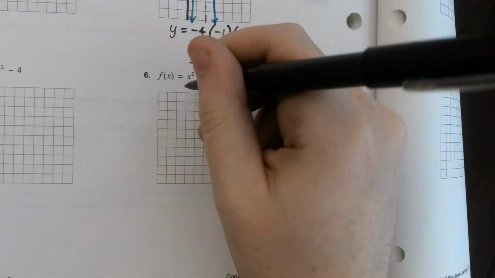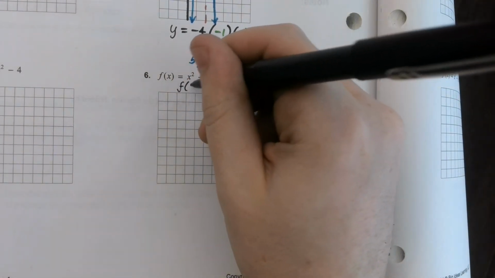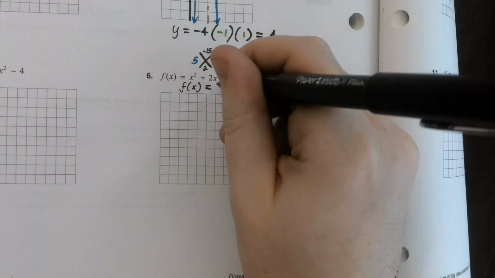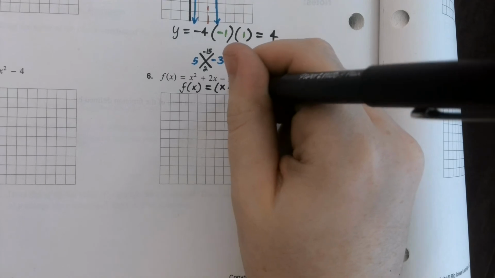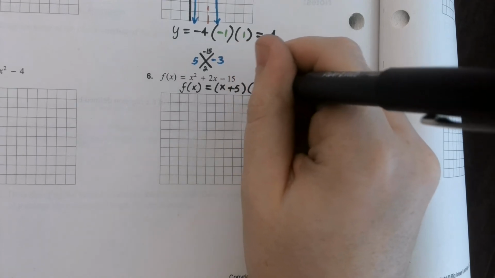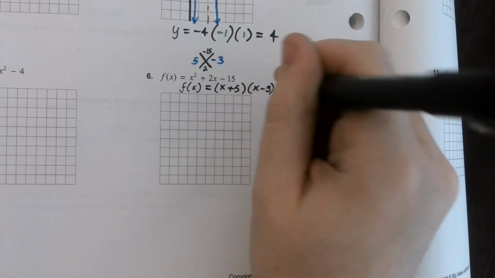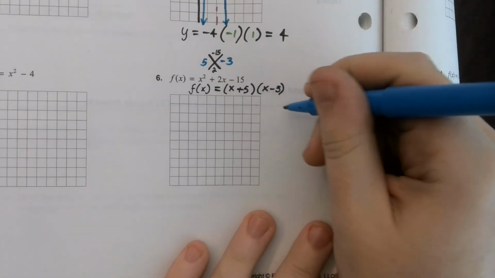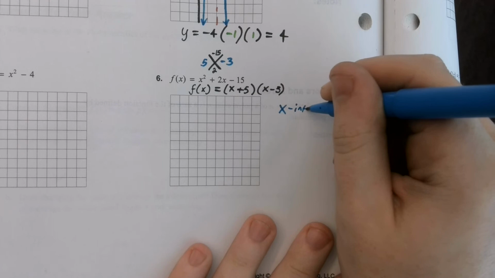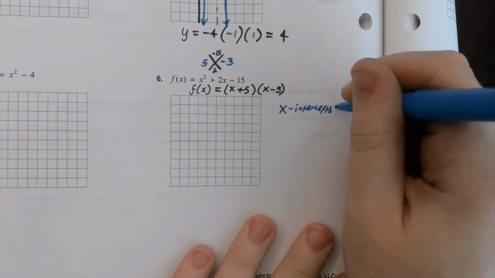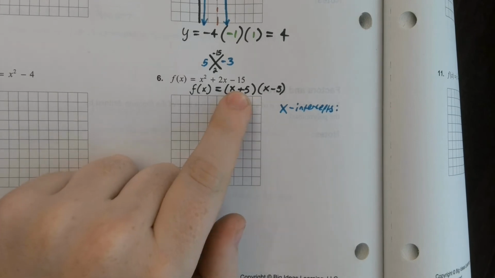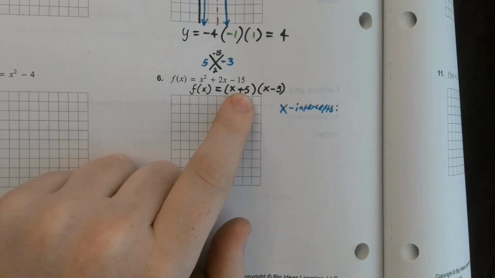So really, this equation is going to become f of x equals x plus 5 times x minus 3. To find our p and q values, in other words, our x-intercepts, we're really just trying to find the zeros. So what should x be here to make this whole term 0?